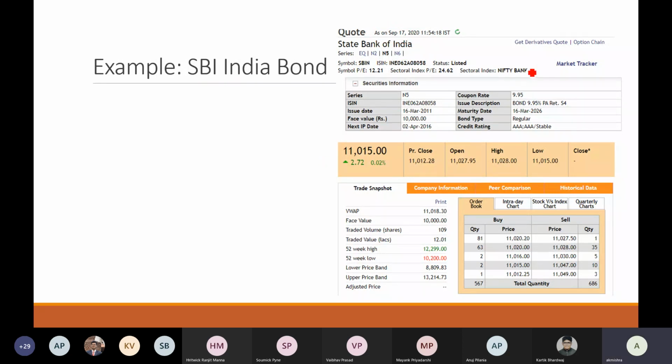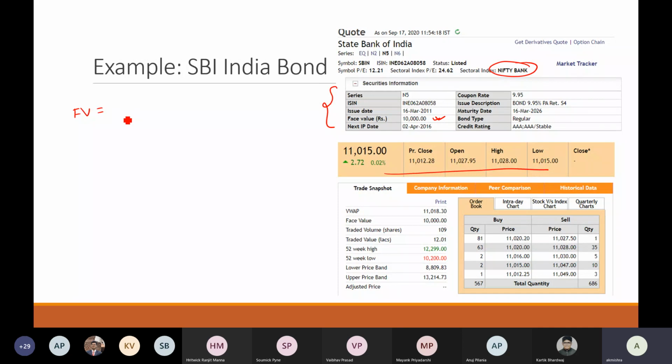Then this is part of Nifty Bank. So you can think about this. Now here you can see this is basically your SBI instrument, and here you can see additional details. And we are more interested here. Why? Because if you look at face value, there are certain terms whenever we talk about face value.